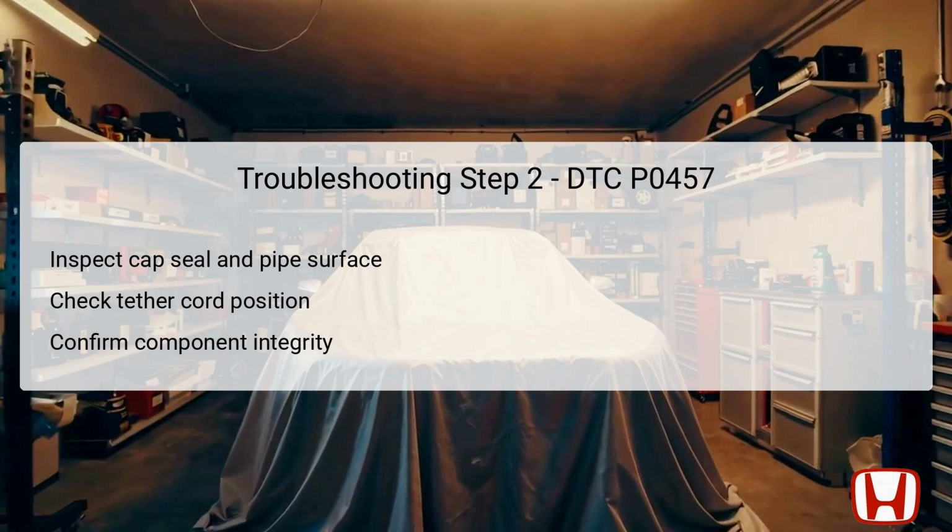Technicians should also confirm that the tether cord, which keeps the cap attached, is not caught underneath the cap during installation, which could prevent it from sealing effectively. If any components are found to be defective or damaged during this check, they must be replaced or repaired as necessary.